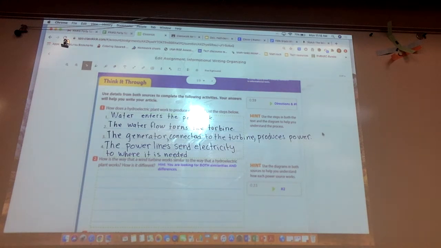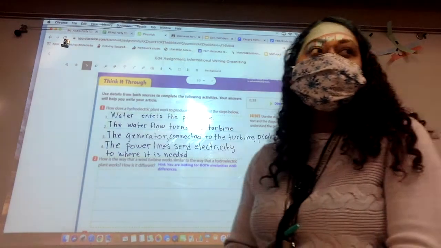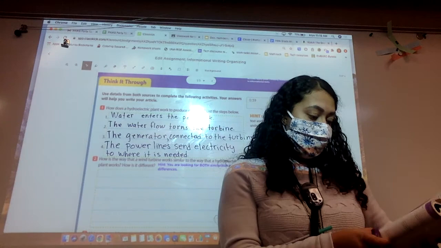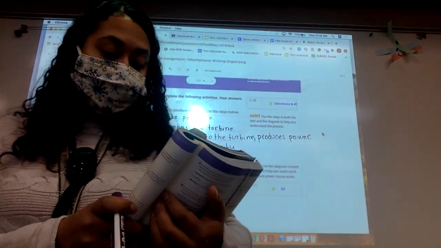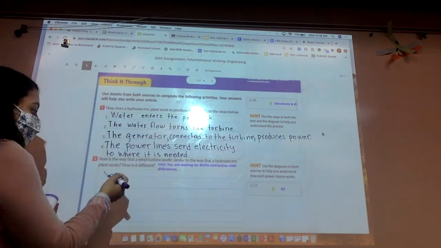So how is that the same as how the hydroelectric one works? We're comparing them. How are they the same for how they are built? They both have a generator. They do. They both have generators, right? Okay.